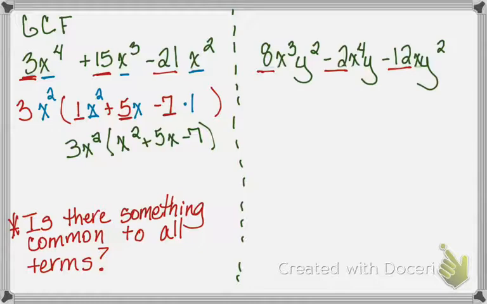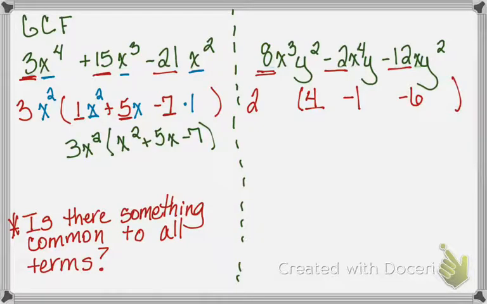Okay, 2. 2 comes out of all of those. Okay, now we got some negative signs we're going to mess with. 2 times what gives me 8? Good. Okay. 2 times what gives me negative 2? Negative 1. 2 times what gives me negative 12? Negative 6.